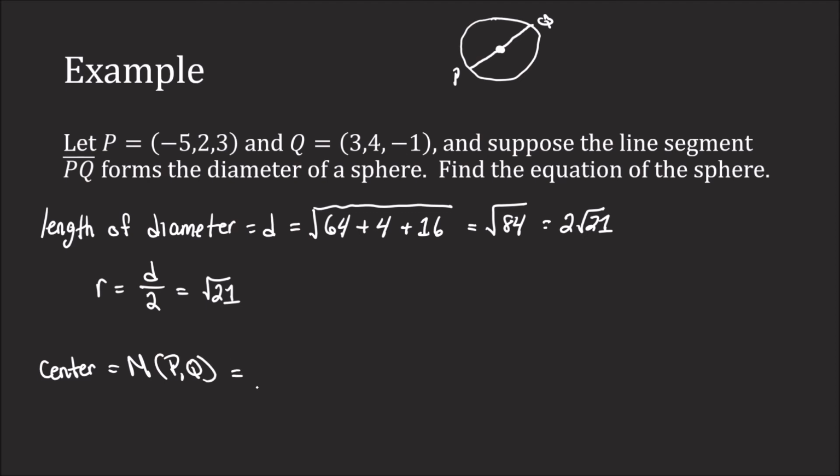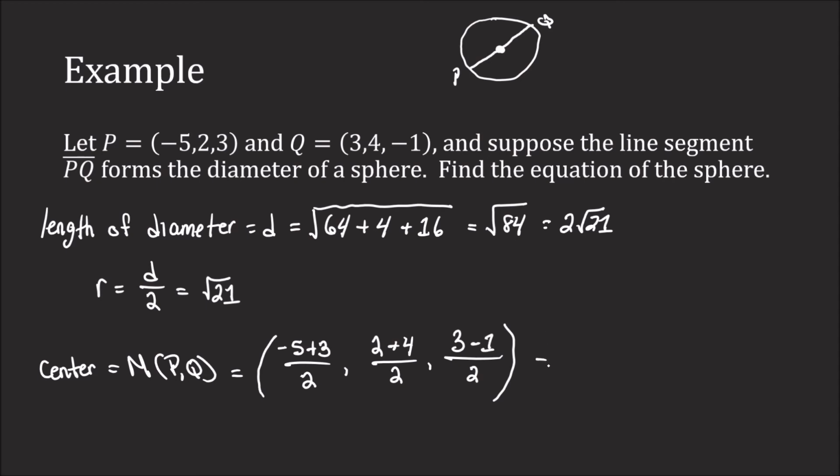And remember, to find the midpoint, you just take the sum of the coordinates and divide by 2. So it'll be negative 5 plus 3 over 2, 2 plus 4 over 2, 3 plus negative 1 over 2.